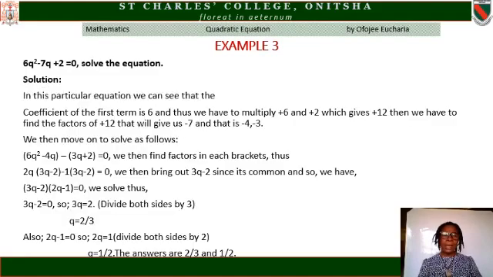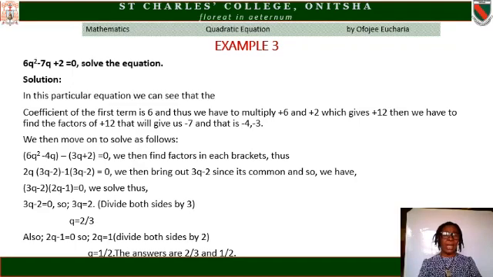In the third example, we are asked to solve 6q squared minus 7q plus 2 equals 0. If you watch this example 3, you see that it has changed. The coefficient of the highest power of the unknown is no more 1. At this particular point, it is 6. And so, before we can find the factors of minus 7, we must first of all multiply the coefficient of q squared and the constant term plus 2.